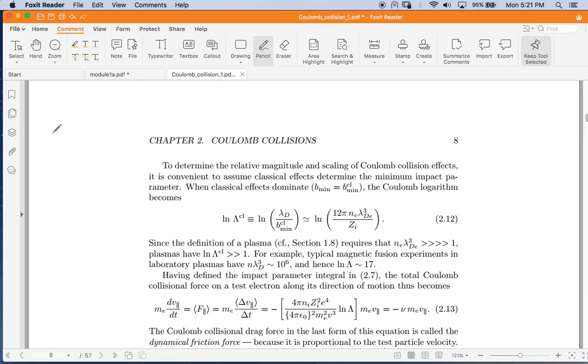The ln lambda, where lambda comes from the integration of dB over B, from some B min to the Debye length, and this lambda is what's called the Coulomb logarithm.